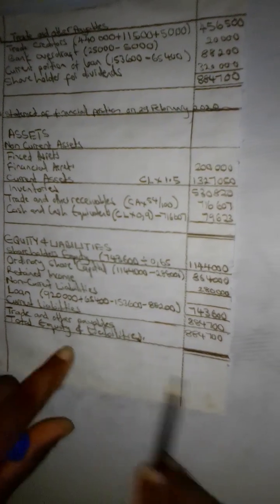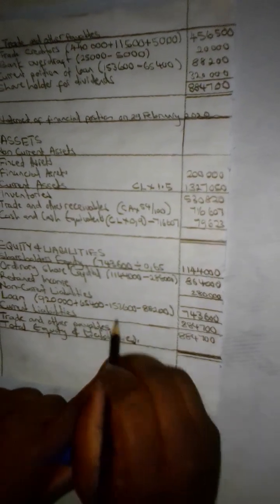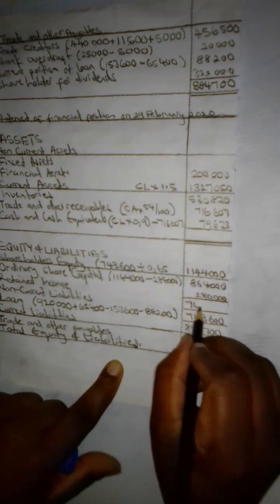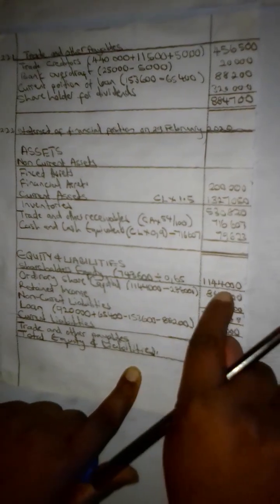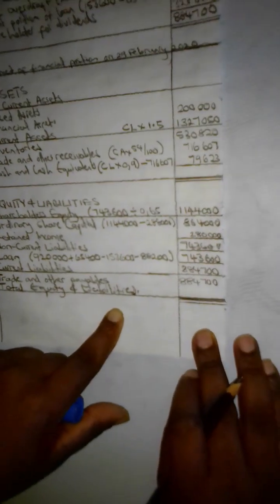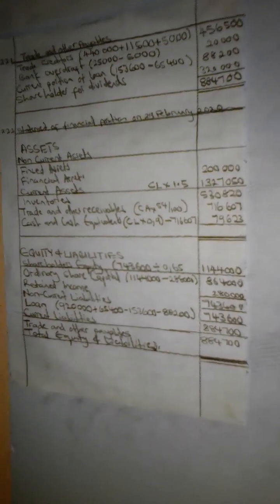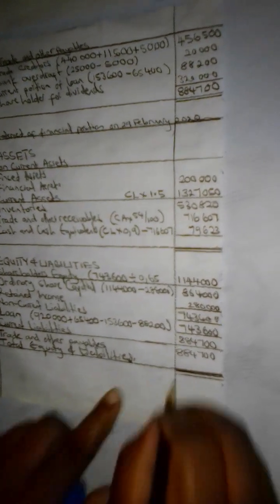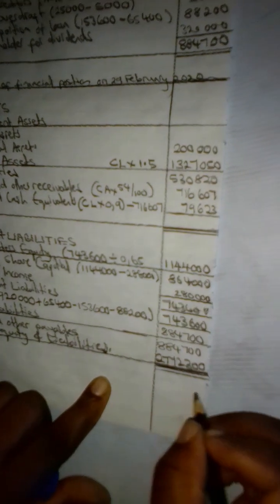We have got the total for the current liabilities, 884,700, plus the non-current liability, 743,600, plus the shareholders' equity, 1,144,000, which will give us a total of 2,772,300.